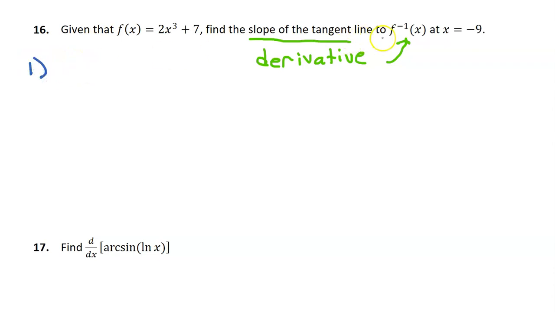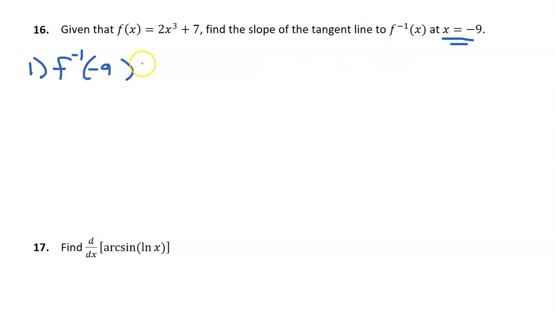Step 1 of finding the derivative of an inverse is you first find just the value of the inverse, not the derivative, but the value of the inverse at the number in question. So I need to find f inverse at -9. When I was dealing with tables and such, I would usually just put a blank here like this, and then I would convert this to the original function by swapping these around.